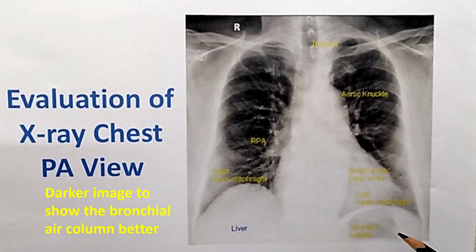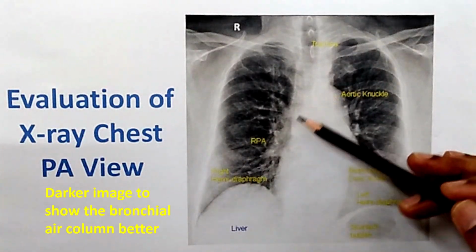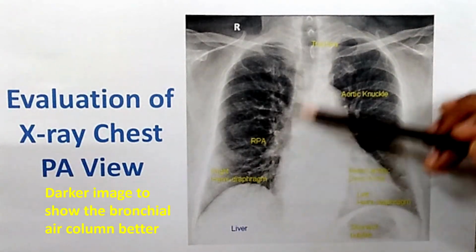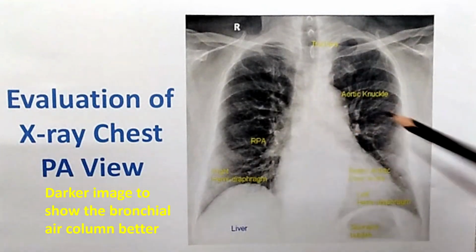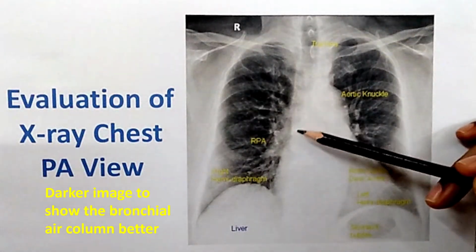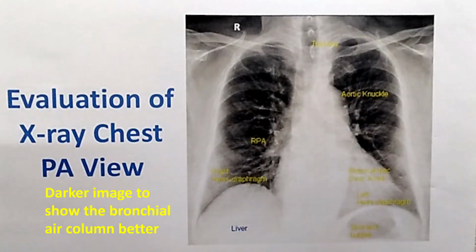And for assessing situs, you have all these features: stomach air bubble and the shape of the bronchus. In dextrocardia, it will be reversed. That is, right bronchus and left bronchus will be reversed if there is situs inversus. And liver shadow also will be reversed in situs inversus.